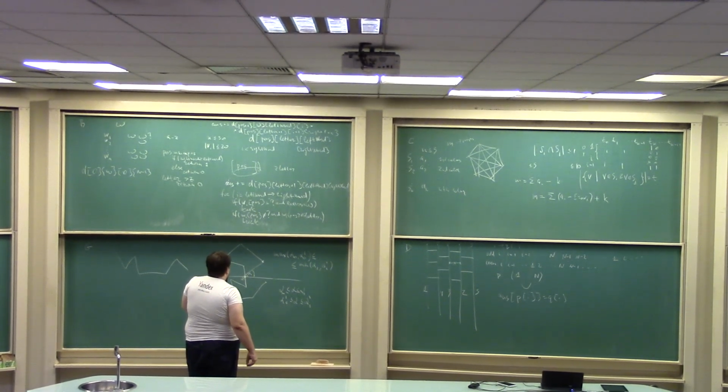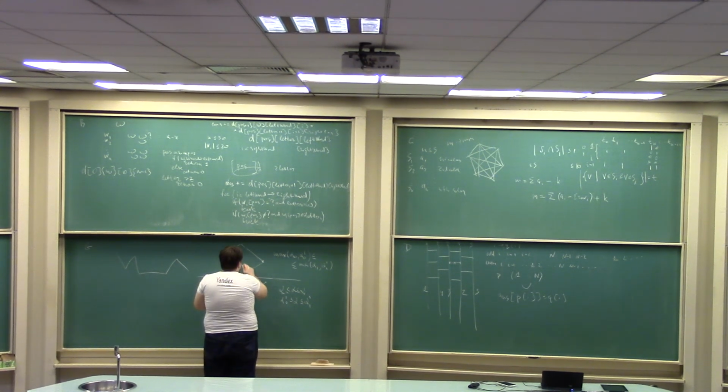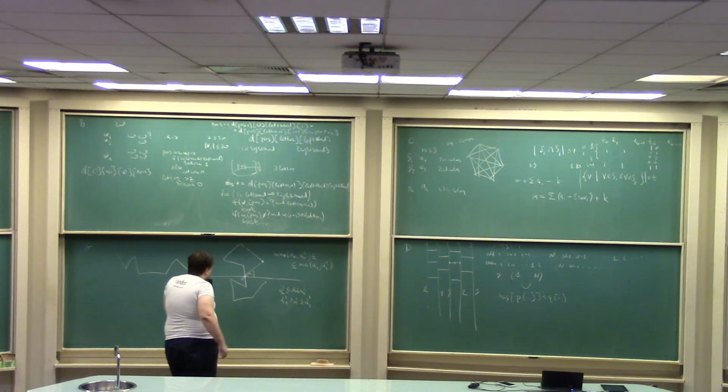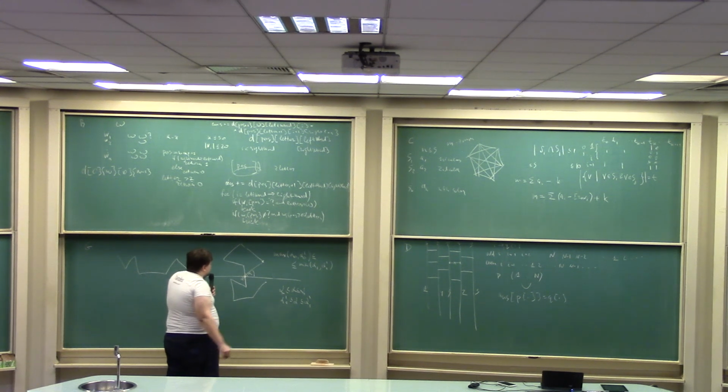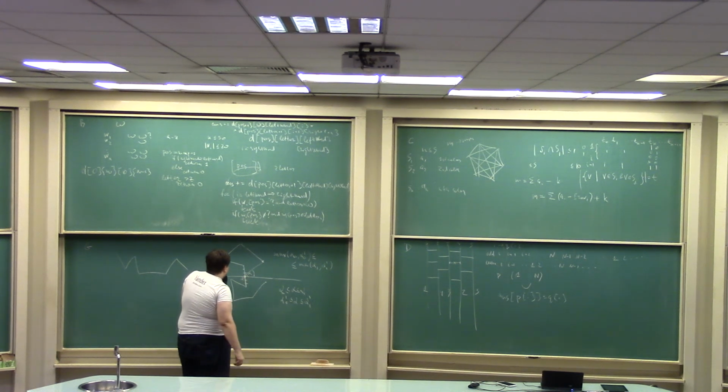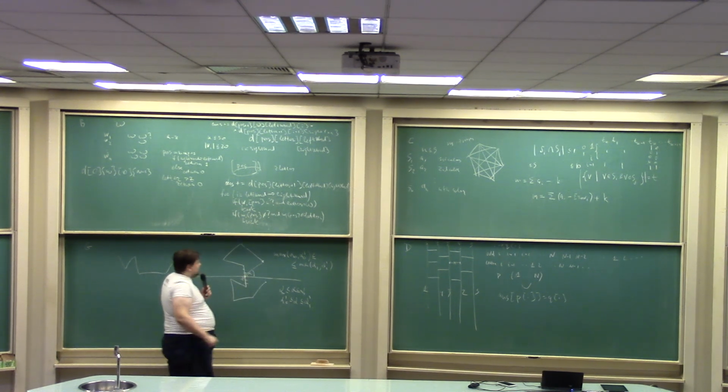So let's note at this point, it may be not the same point for each point of the segment, but we can divide the segment into subsegments. So in each subsegment, this will be the same point.